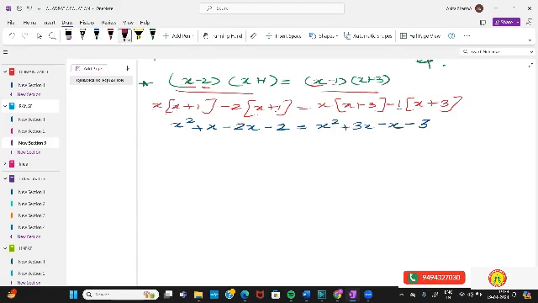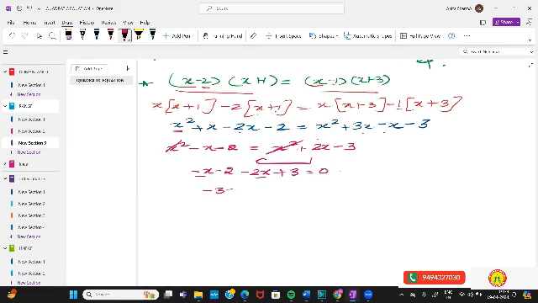So now x square, 2x minus x, minus 2 is equal to x square, 3 minus 1, 2x minus 3. Right? Now, the same terms will cancel. You will get minus x minus 2. Now transpose it to the left hand side. Minus 2x plus 3, so 3x minus 3x. 3 minus 2 is 1.